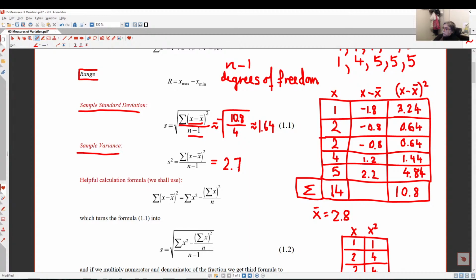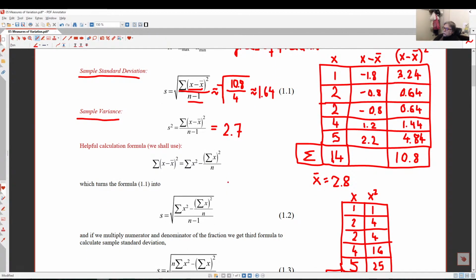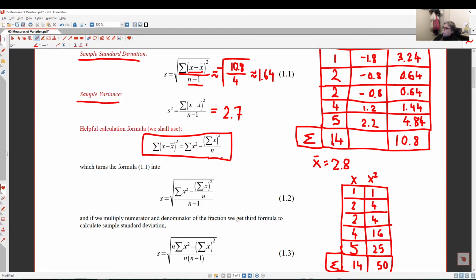That is simply this 10.8, which is the numerator right here, divided by 4. You can also use this formula for the numerator, which is slightly easier to use. Okay? For this particular formula, that's the same thing. You got this guy, 10.8.